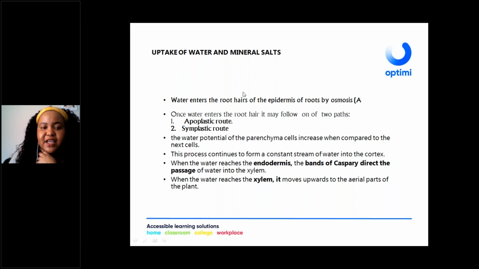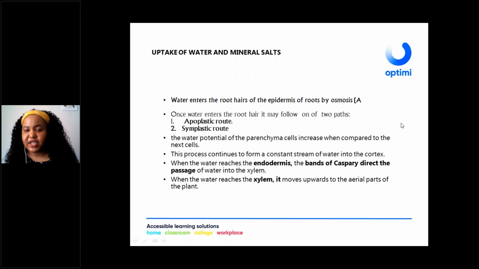Let me repeat that again. The soil has a high water potential. It's saturated with water and mineral salt. And the cell sap has a low water potential. So this means that water will move from the highly concentrated soil to the cell sap, which previously had a low water potential.